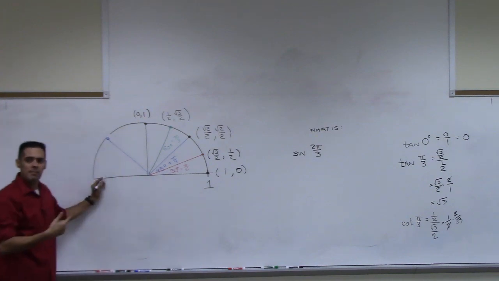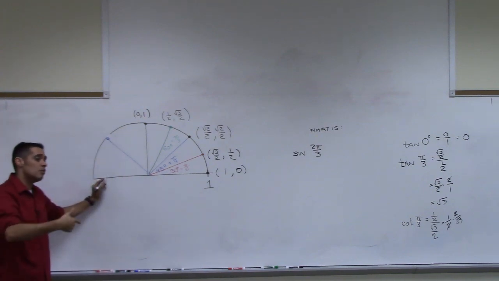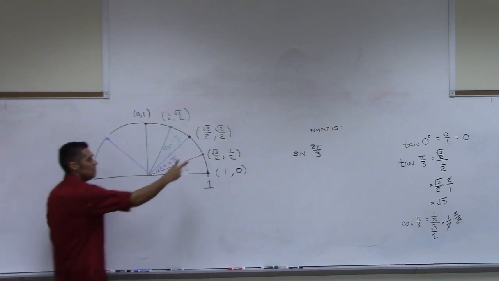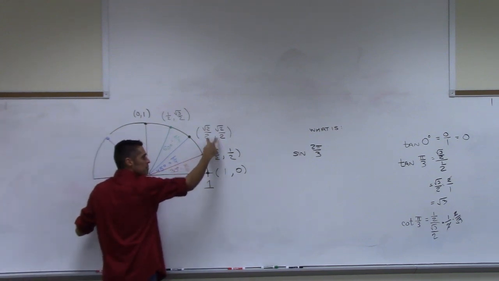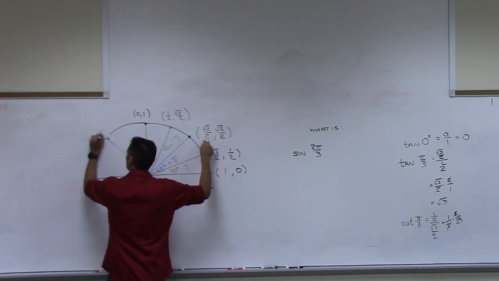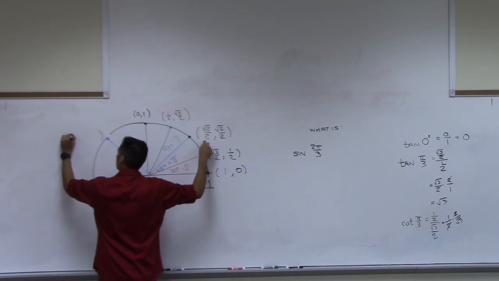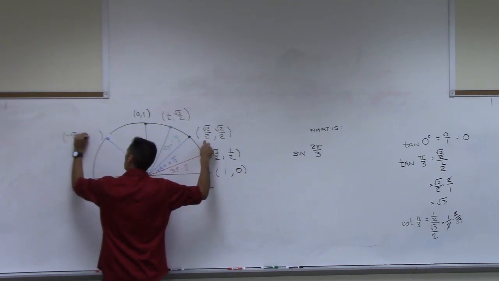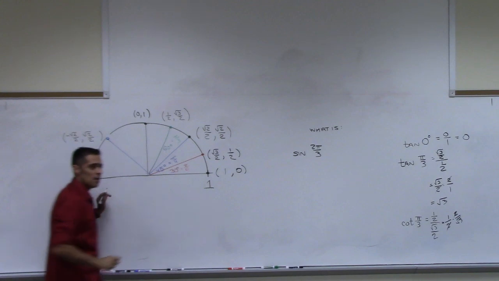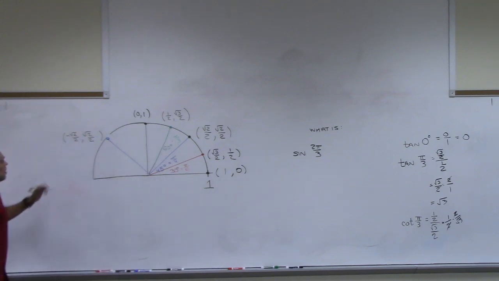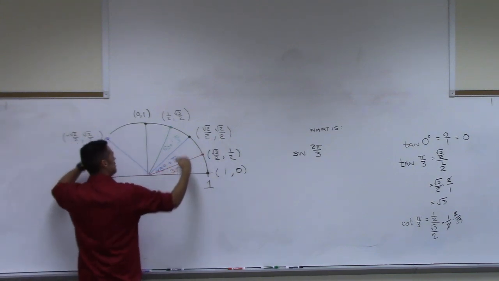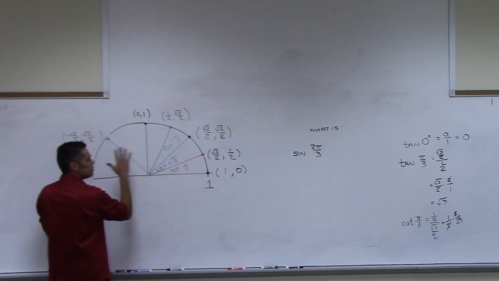So my x coordinate should be negative there, my y coordinate should remain positive. So it's going to be these two same numbers, but with that one negative. Negative root 2 over 2, root 2 over 2. You following? Yeah. So look, same y values, so your heights are the same, but your x values are opposite.